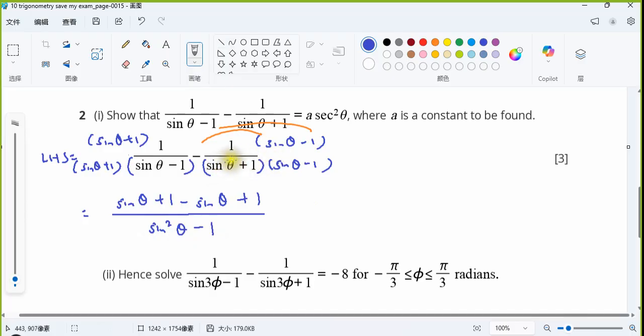Okay, we have a plus b times a minus b, a squared minus b squared. So we know that sine squared plus cos squared equals 1, and the sine squared minus 1 is negative cos squared. So we have 2 over negative cos squared theta, so we have negative 2 secant squared theta.